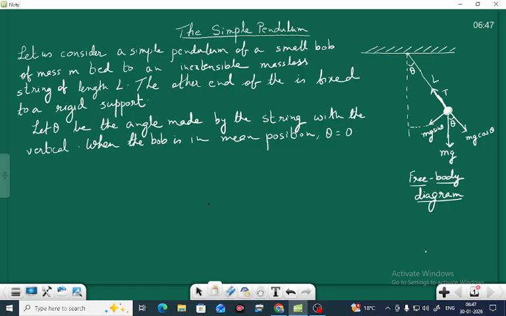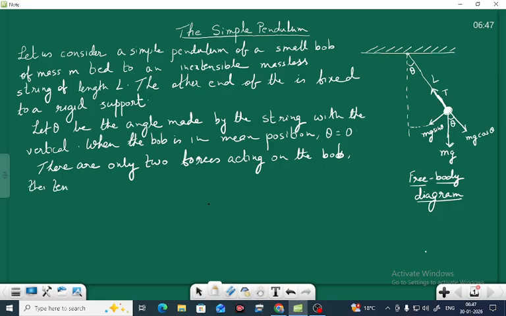So what we get is that there are only two forces acting on the bob: the tension T along the string, and the vertical force due to gravity.